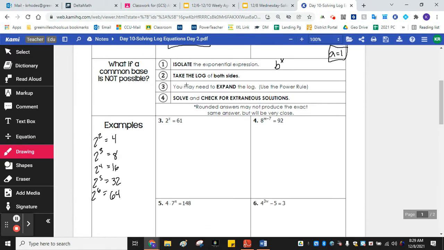So I'm going to skip that step and write it in logarithmic form. There we go. Because 2 would be my base. Log base 2 of 61 would equal x.